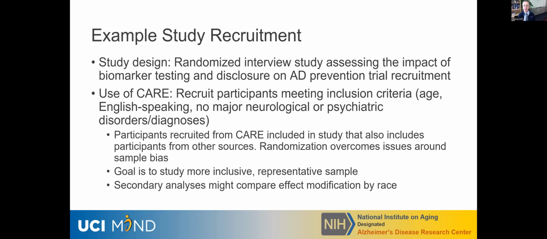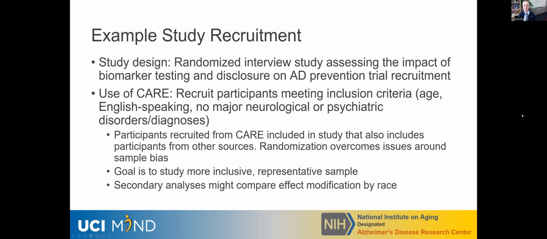But an investigator must go into this with their eyes wide open, understanding that this is a population who was willing to enroll in a registry as compared to others in the space who might not have been willing to participate in a registry. So there might be a sample bias that comes from that.